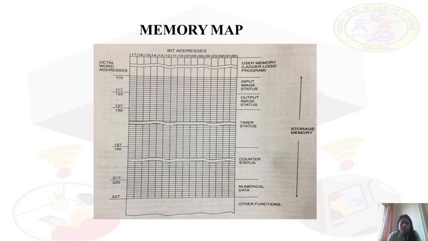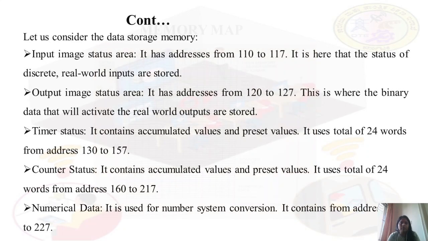And here, this is the user memory part, and this is the data memory part. The user memory part will always be more, as I told you, more than 75%. And these are all the addresses. Here you can see 110 to 117 is your input image status, 120 to 127 output image, 130 to 157 is timer, this is counter, and this is numerical data.